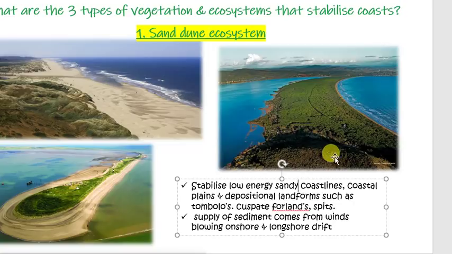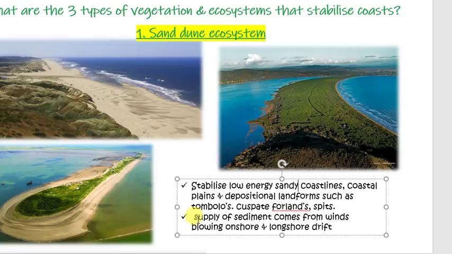And in this example, I think that's the mainland. This is an offshore island, and you've got a tombolo, which is a land bridge, a low-lying depositional landform, which has again been stabilised by dunes. All right. Low energy environments, deposition is the dominant process, and then your vegetation grows on top of the depositional landform. All right.